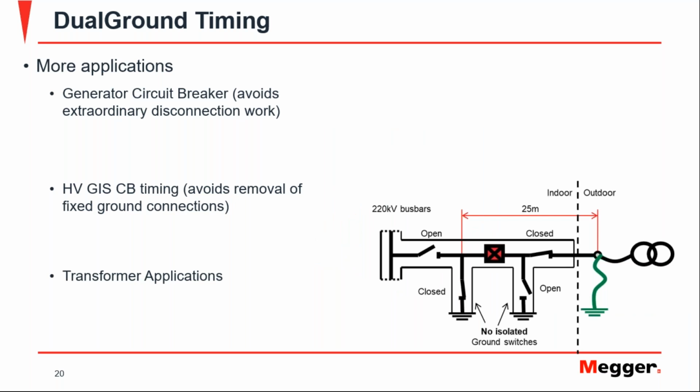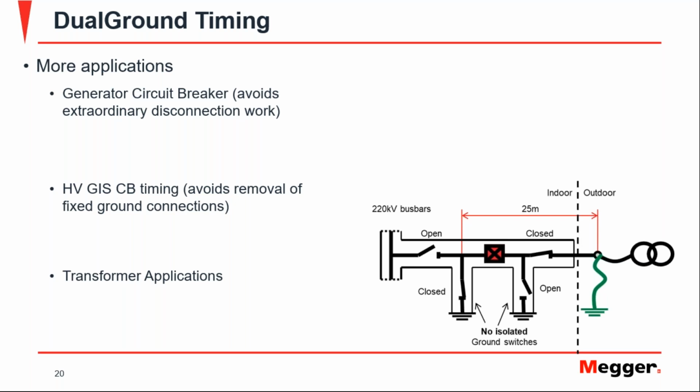And other difficult applications, like a transformer, for example, sometimes you are going to be far from the breaker, and you can see here 25 meters, something around 75 feet. You might end up getting not very good results because of the distance and again, a grounding problem.